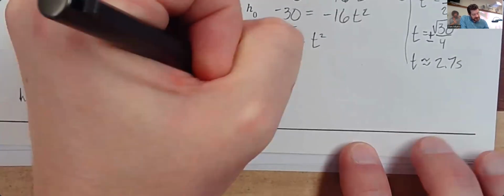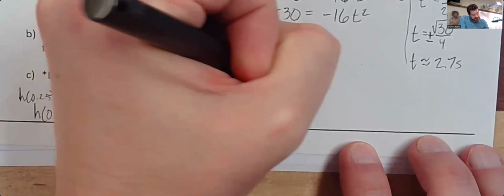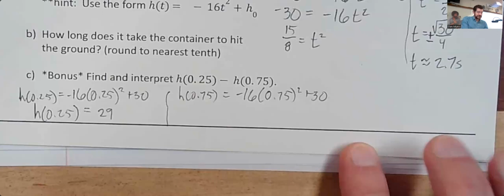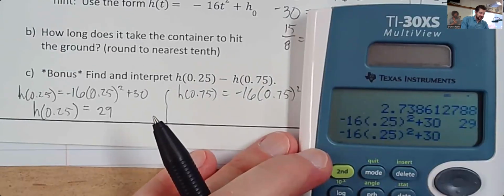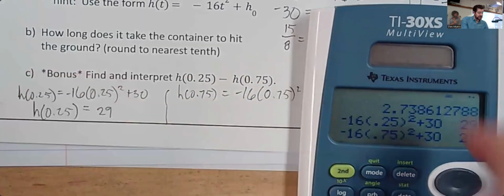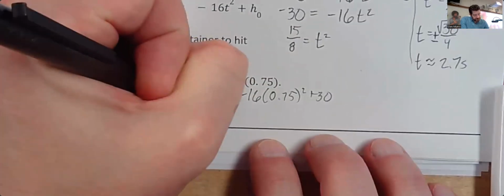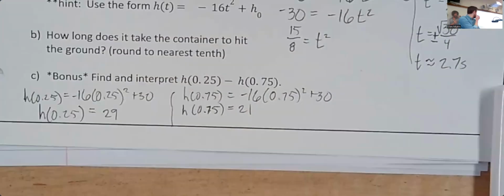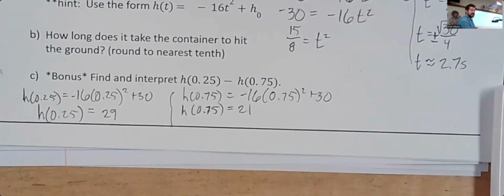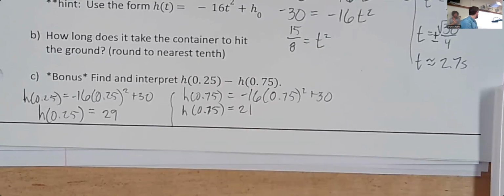Negative 16 times 0.75 squared plus 30. So I'm just going to go back and use 0.75 instead of 0.25. And that's 21. So that means at 3/4 of a second into its fall, it is now at 21 feet. So it takes 3/4 of a second for it to drop 9 feet.